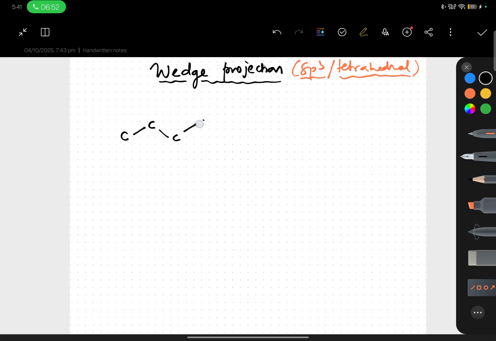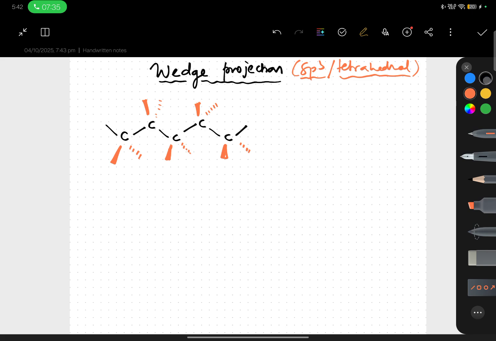So first you should write like this. Check if there are 5 carbons. Among the 5 carbons, 2 lines are to be drawn. So in the 4 valency of the carbon, 2 lines will be normal lines. The other 2 lines will be a solid wedge and a dashed wedge.